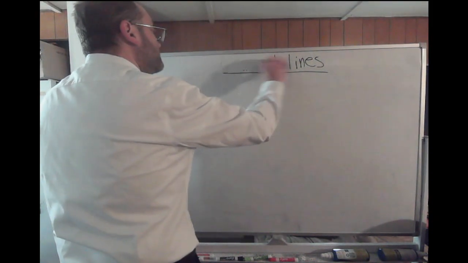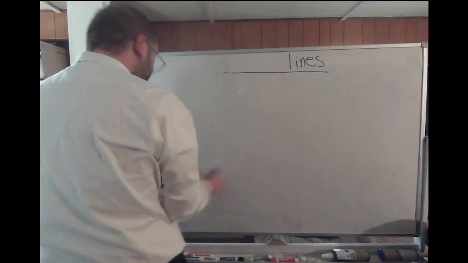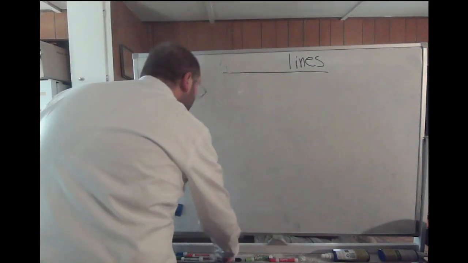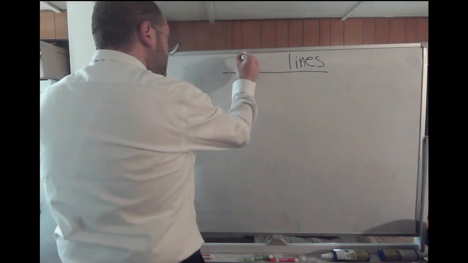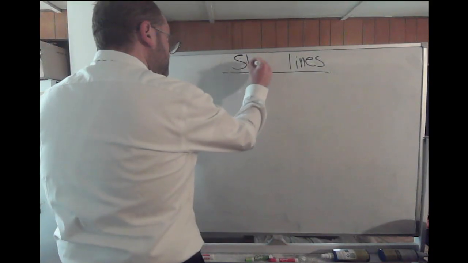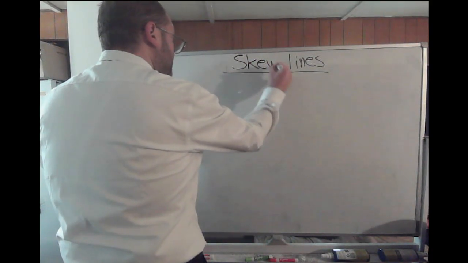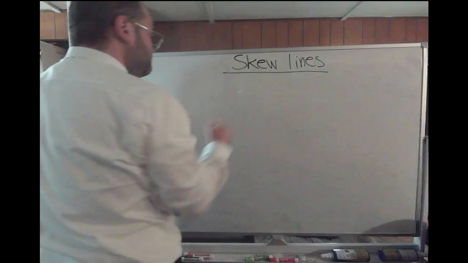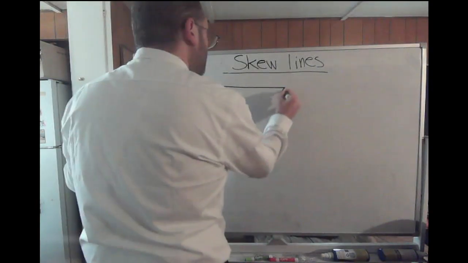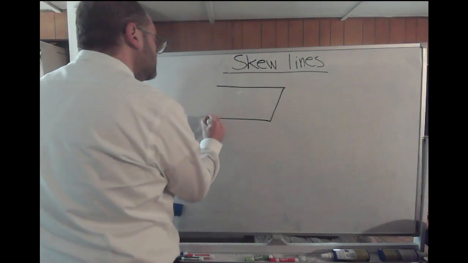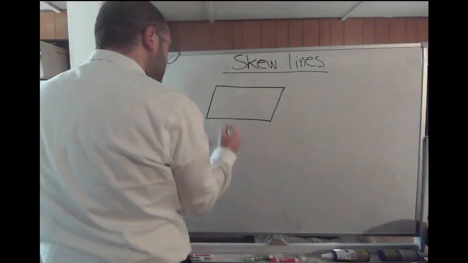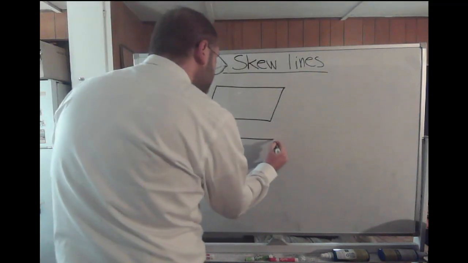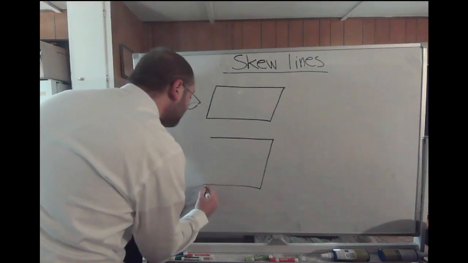We're going to talk about another type of lines here. They are called skew lines. We're going to talk about what skew lines are next. So let's see here. Let's draw two separate planes.